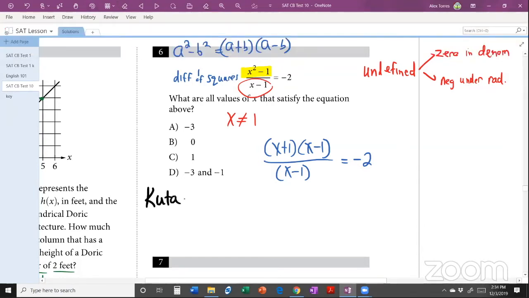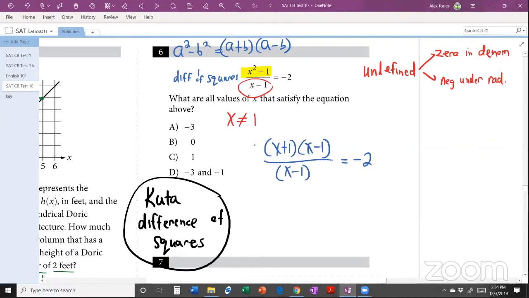Just type in Google CUDA and type in a topic like difference of squares, and you'll get a little worksheet with questions. Now, we're not affiliated with CUDA, but they make great worksheets. And you should be able to go through so many of these that you just kind of know.